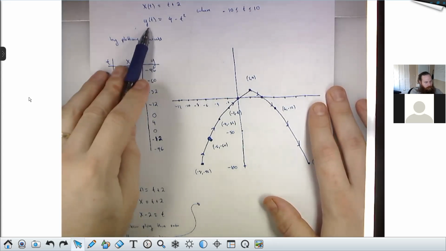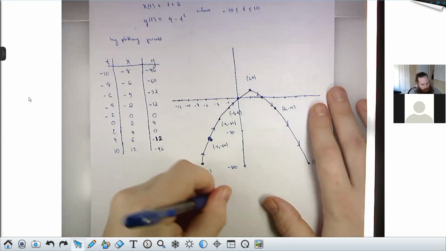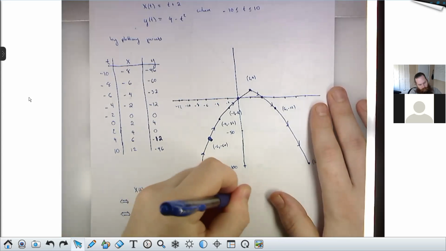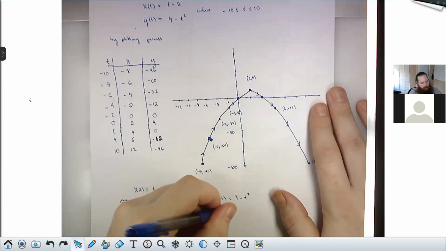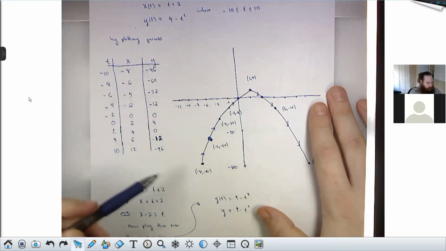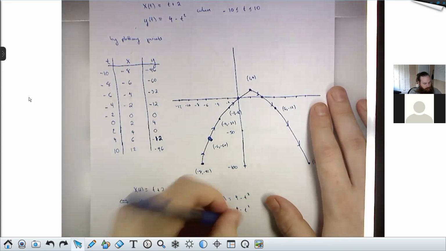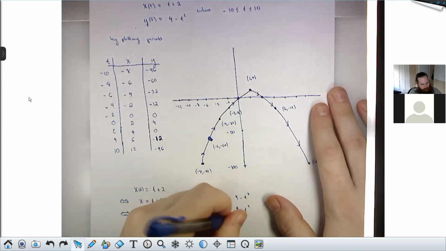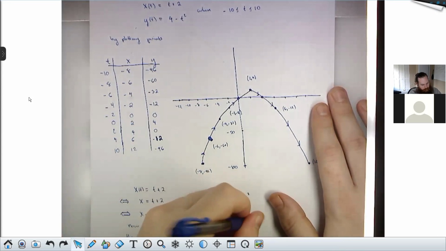So I know y is 4 minus t squared. So I'll stop writing the of t, just y equals 4 minus t squared. And then everywhere there's a t here, I can put in x minus 2. So y is equal to 4 minus (x minus 2) squared.